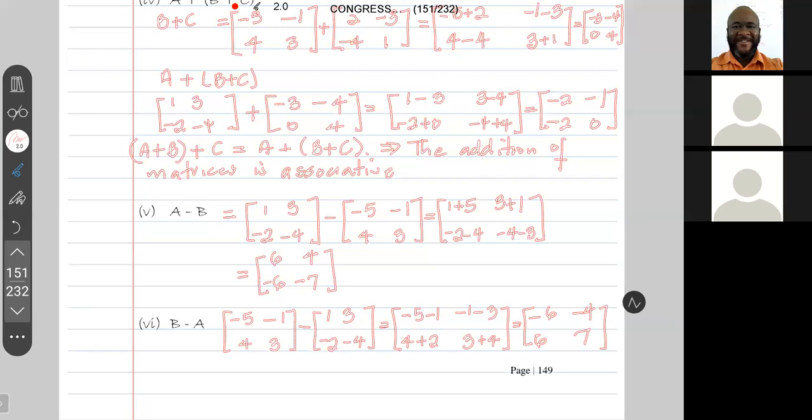A minus B and B minus A are not equal. Therefore, subtraction of matrices is not commutative.